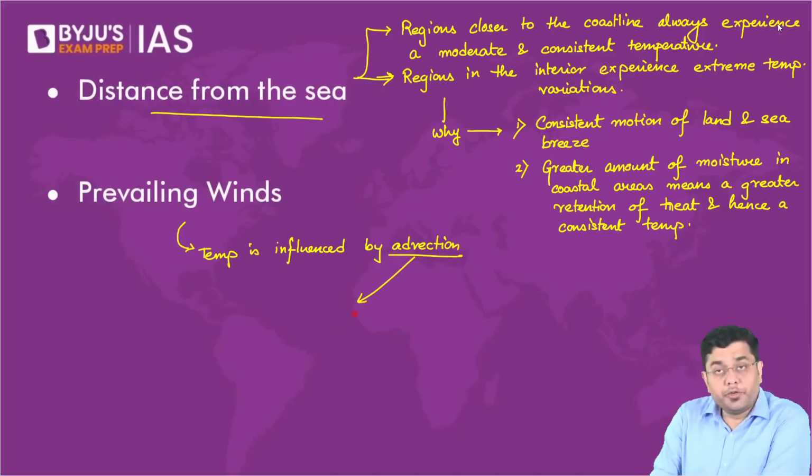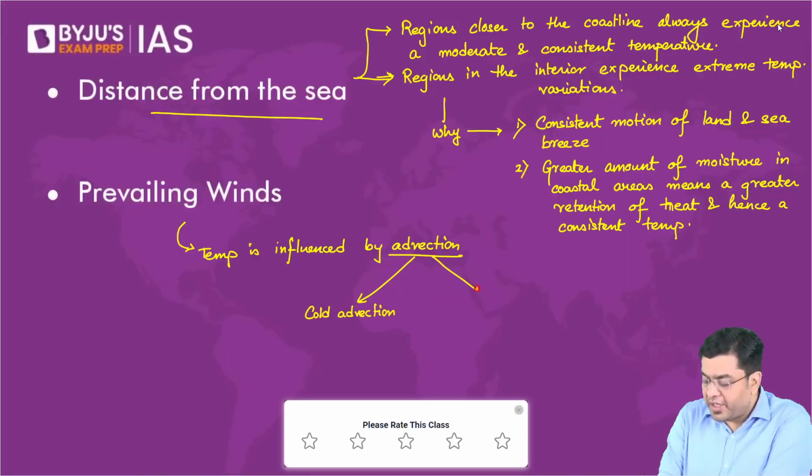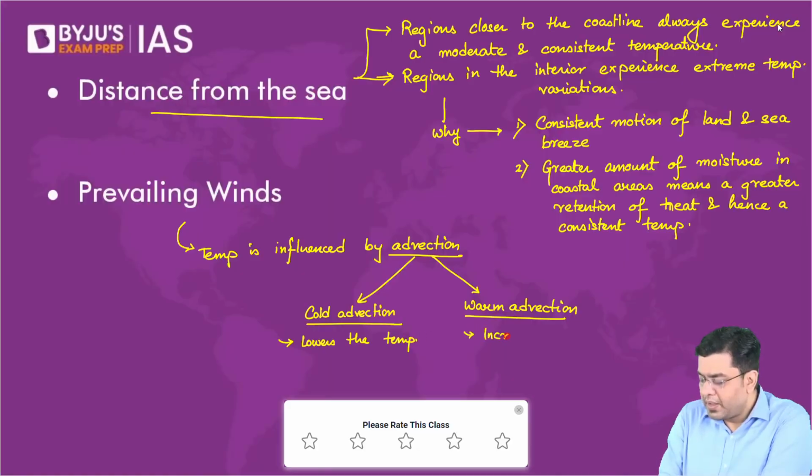Cold advection will reduce the temperature, cold advection and warm advection. This will lower the temperature, whereas this will increase the temperature.